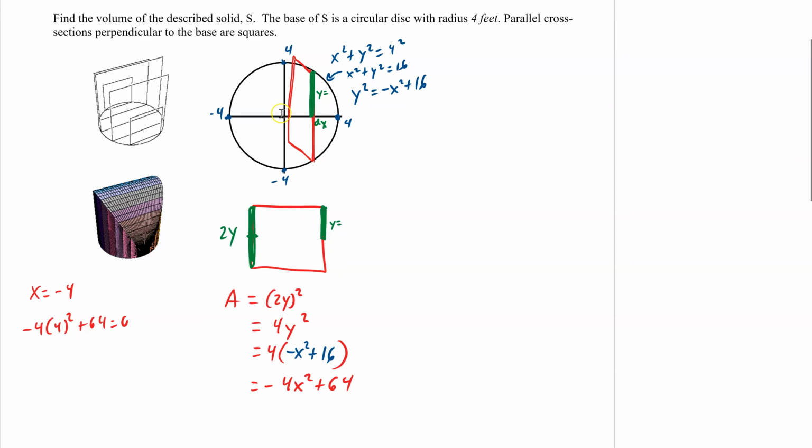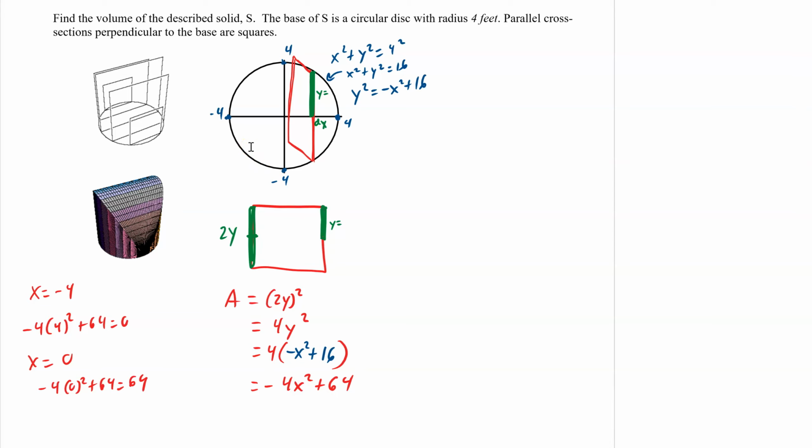And if you think about the middle, if I plug 0 in, that's my biggest square, and you can see its side length is 8. So that's 8 by 8, which is 64. So if I plug in 0, you get negative 4 times 0 squared plus 64. It's 64. And it works the same way if I kept going all the way across. If I plug in any x value, it gives me the area of that perpendicular square.